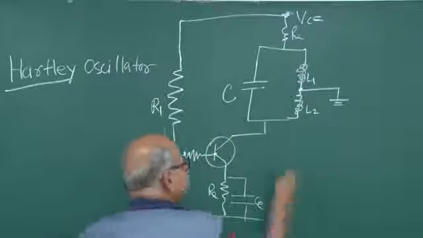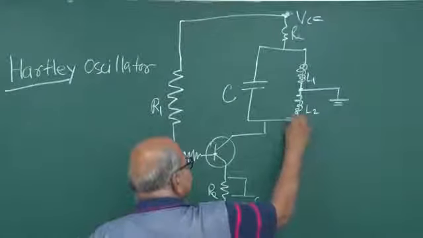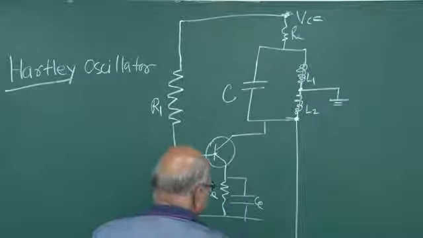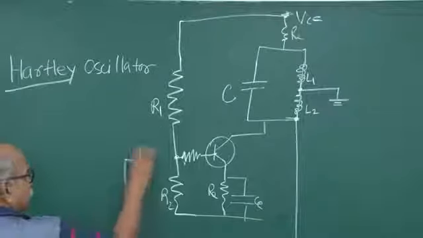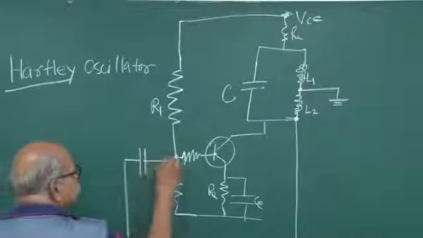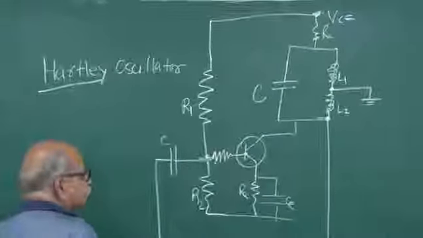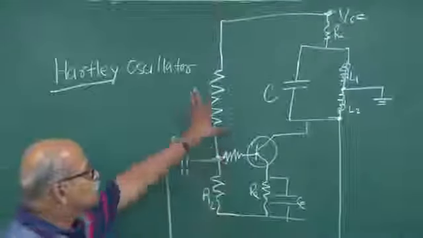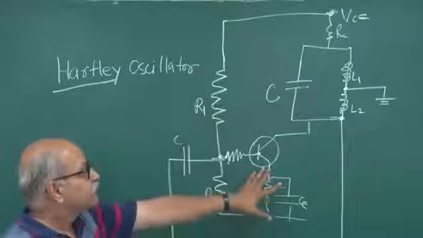And this point here on L2, the voltage here is taken and joined to the base voltage, base biasing. This is just a capacitor. Okay, so it goes like this. So this is the kind of circuit of the Hartley oscillator.